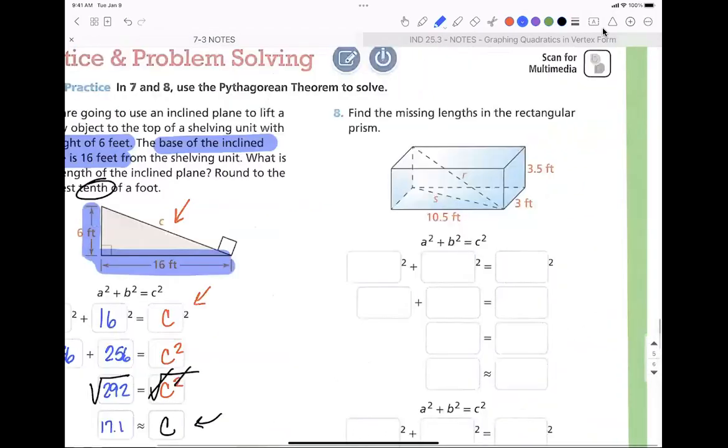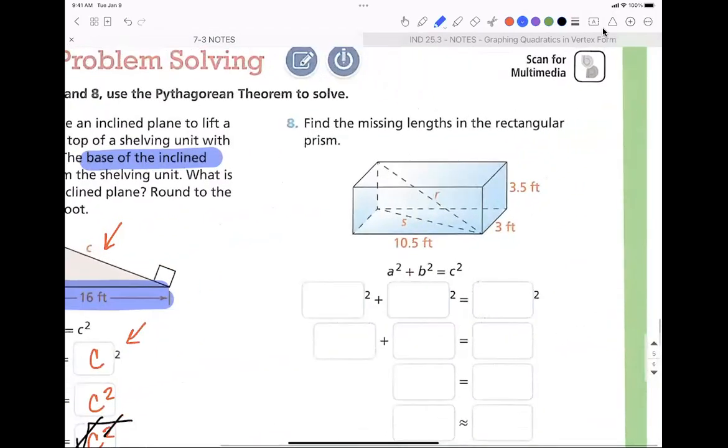All right, now we're getting into 3D. Okay, and you can tell because of all the dashed lines, those lines that are kind of in the background. These kind of test your mental vision ability. All right, so it says find the missing lengths in the rectangular prism. So the first thing we're going to do is, remember, look at the base of this, right? We're going to solve for S first because S is the diagonal of the flat bottom of our prism.